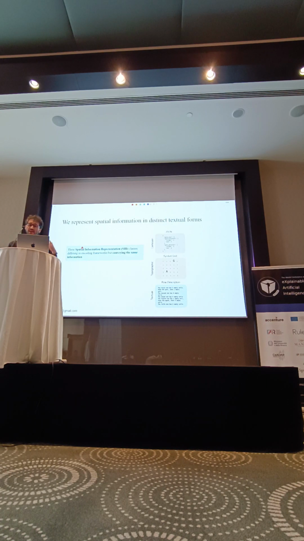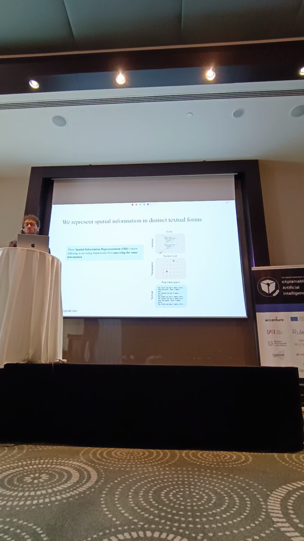Okay, so we represent, as I said before, space in textual form, right? We create 3 different spatial information representation classes, which differ in the encoding framework but convey the same information. First, up here, you can see the Cartesian representation, where we give the model just the column and row values for the agent and the goal.